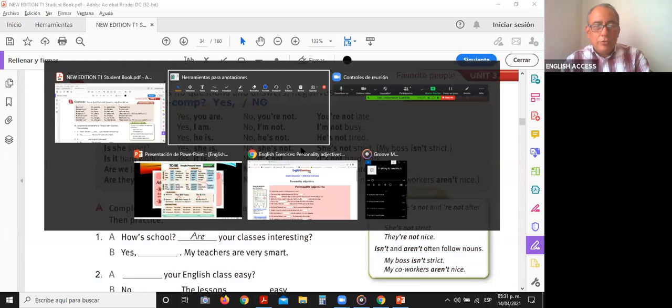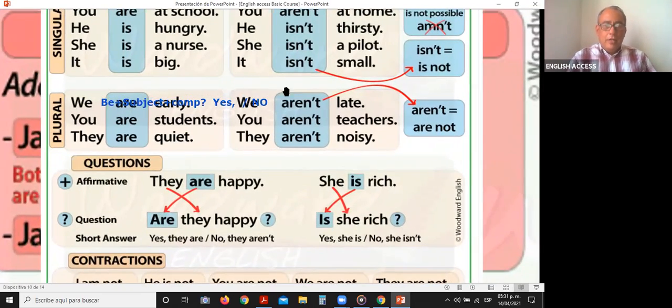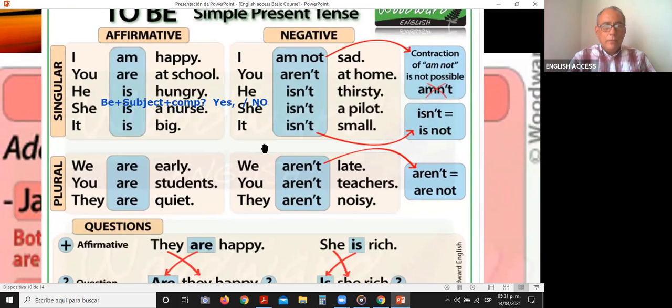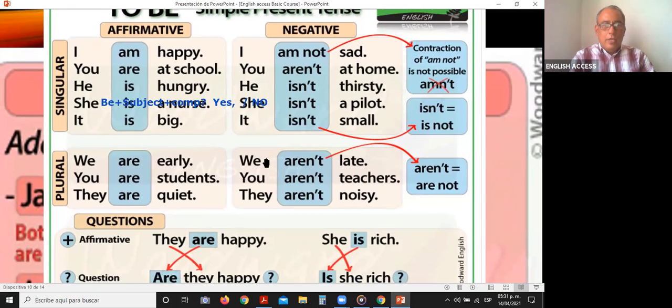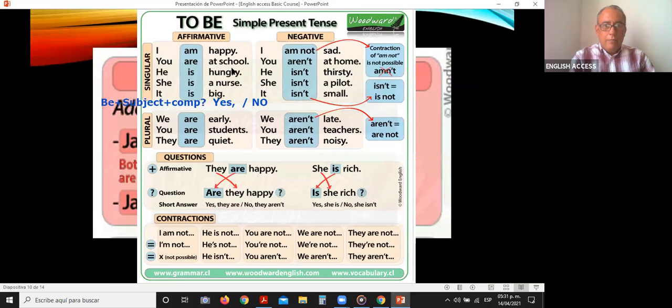And let me just show you this little slide right here. As you can see, we have the affirmative of the verb be. Can you see it? ¿Sí lo pueden ver? Yes, teacher. Affirmative. With the pronoun, the verb be in second place, and then we have the complement at the third part.